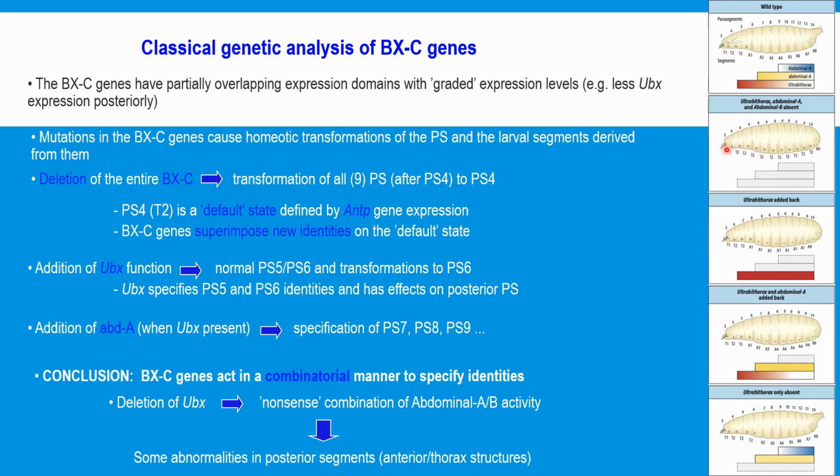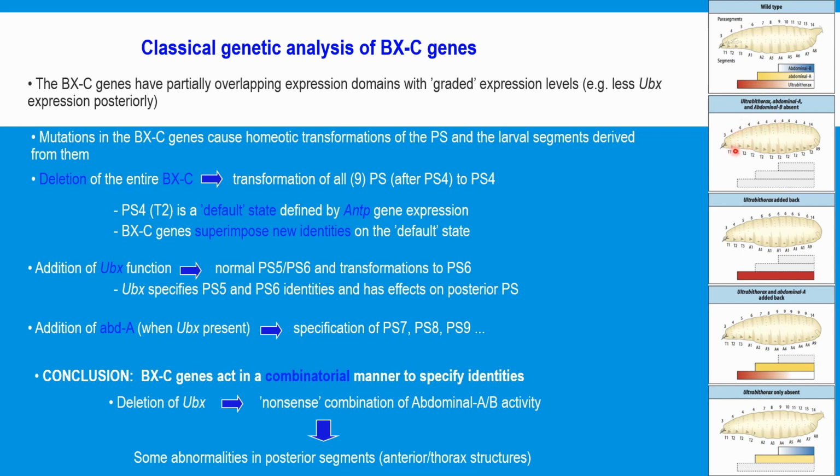And this gives rise to the idea that parasegment 4 became the default state, and parasegment 4 itself was defined by antennapedia, and this implies that the expression of the bithorax complex, these 3 genes, superimposes new identities on top of this default state.